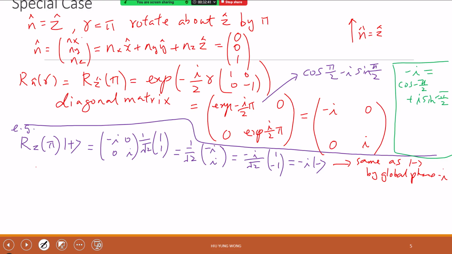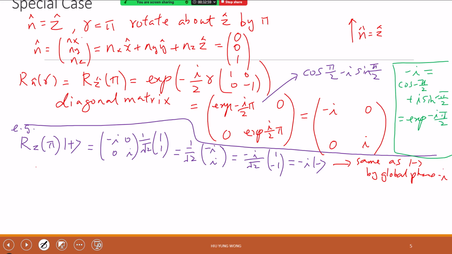It turned out that we just did this earlier, right? So cosine negative pi over 2 is cosine pi over 2. And i sine negative pi over 2 is negative i sine pi over 2, right? We just say that this is equal to exponential negative i pi over 2.